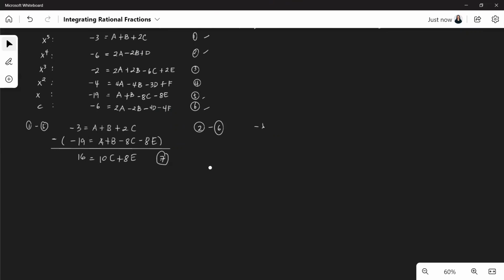So we have negative 6 equals 2A minus 2B plus D, minus the other equation, negative 6 equals 2A minus 2B minus 4D minus 4F.